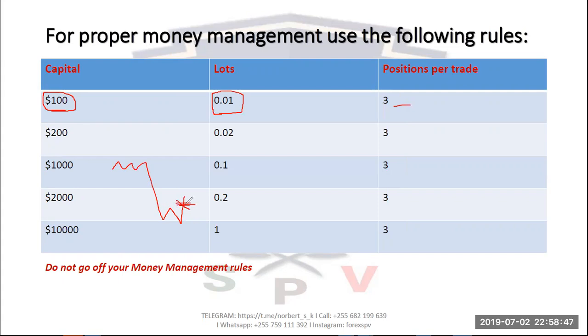So you have 3 trades here. So per entry, you will use a 0.03 lot size in aggregate. This is for proper risk management. So for $200, it will increase to 0.02. So in aggregate, we have a 0.06 lot size.